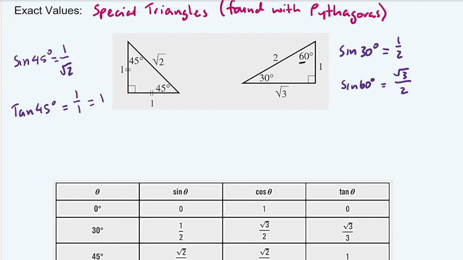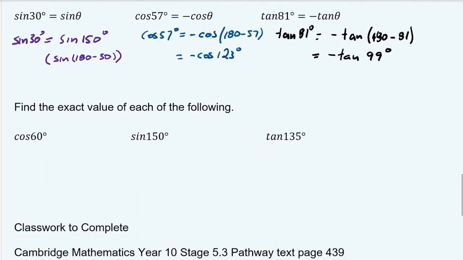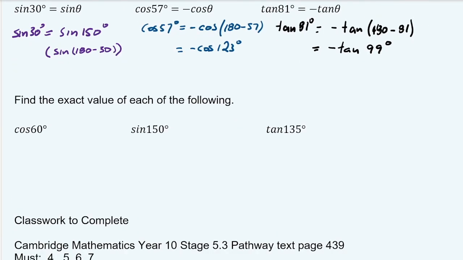We want root 3 over 2. Actually, we don't want root 3 over 2 because root 3 would be the opposite side. So if we draw in our little thing, we have 1, 60, 30, 2, root 3. Cos of 60 degrees will equal 1 over 2. So our exact value is a half.